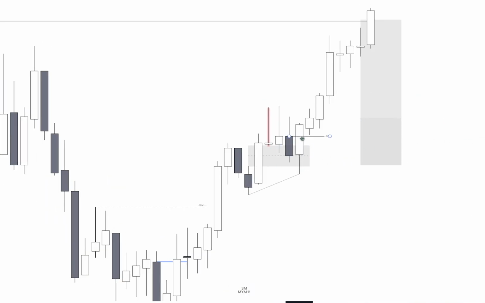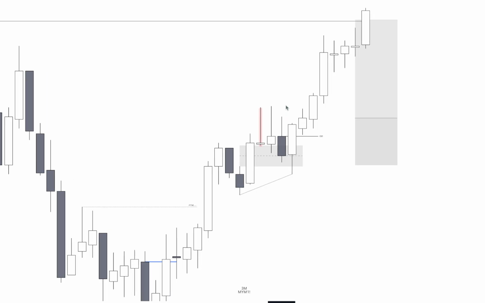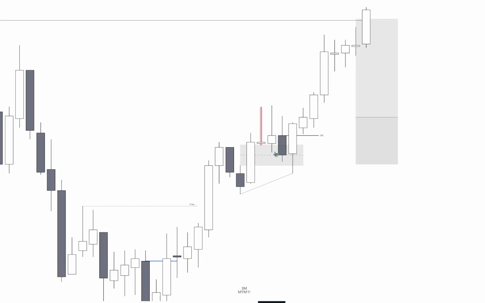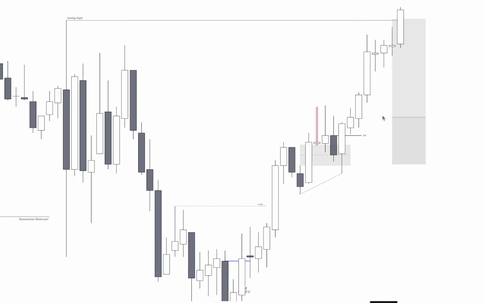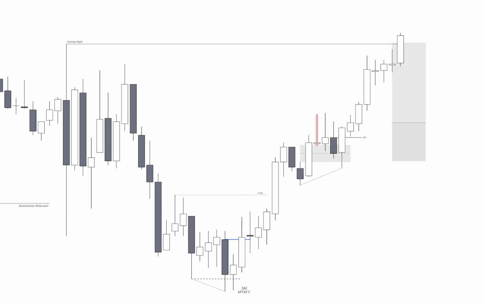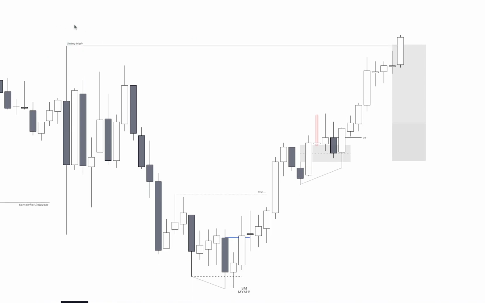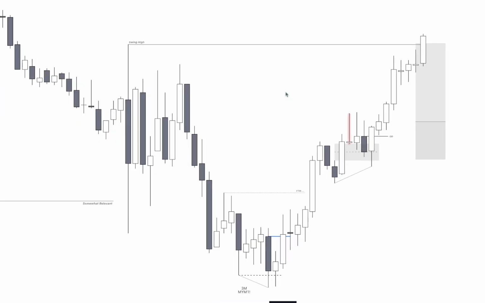So that's what we got here, right here. This is the small wick that I'm talking about, and in creation of the small wick, I want to see price either go below a short-term swing or fair value gap, or it can just go down, come back up, and create another block. When I see that, all I do is execute the trade and go to the opposing liquidity, which is that swing high. So that's all I got.